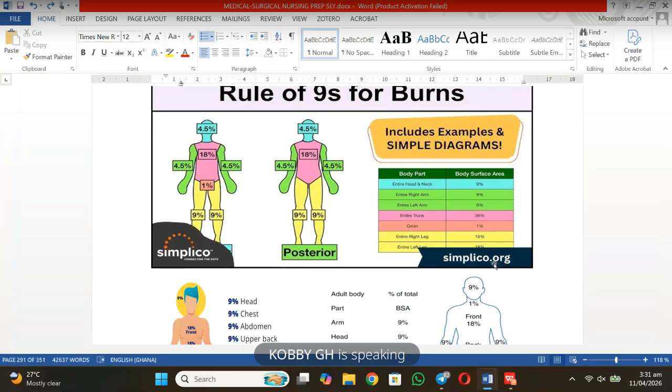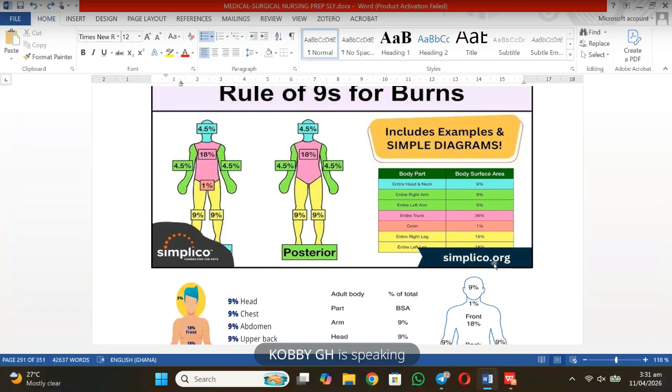The palm is also part of the arms. But if the examiner intentionally brings the palm into the scenario, assign 1% to the palm. The neck is also an insignificant area.